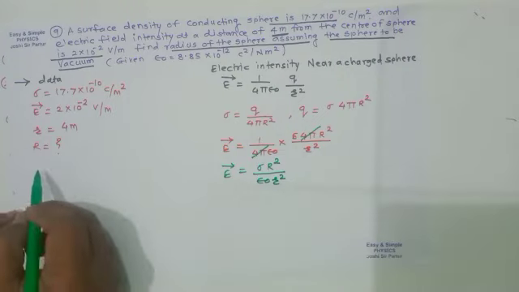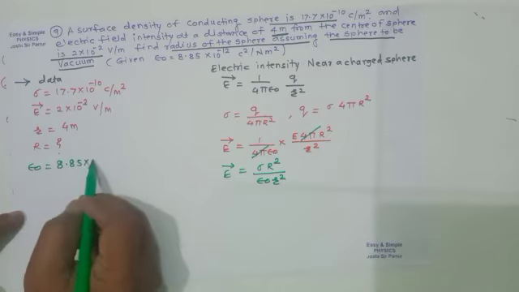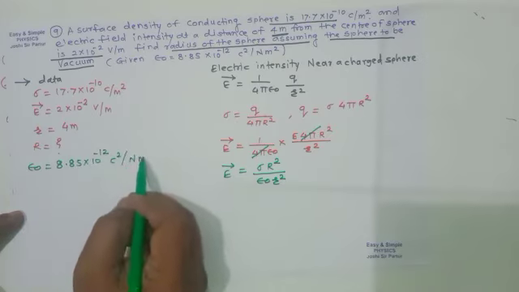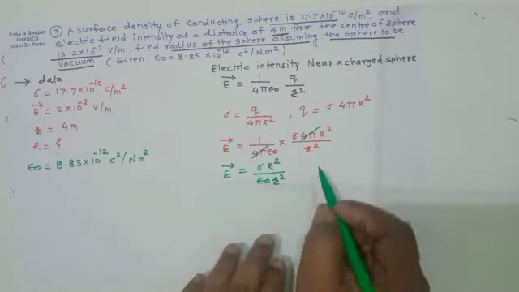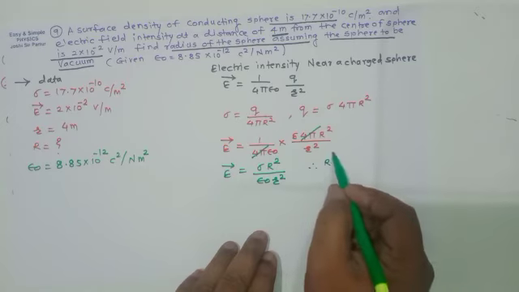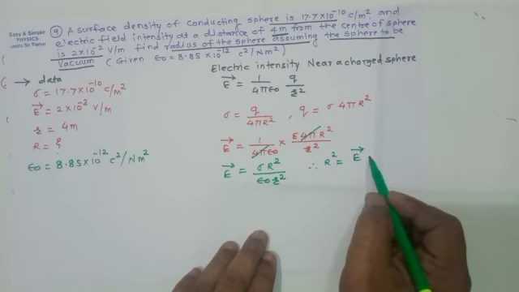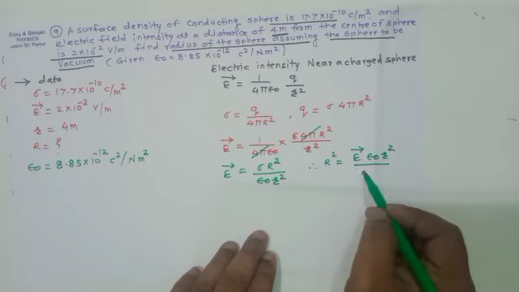So here the value of epsilon 0 is given as 8.85 into 10 raised to minus 12 coulomb square per Newton meter square. We can find out capital R square. Therefore the formula becomes capital R square is equal to vector E epsilon 0 small r square upon sigma.